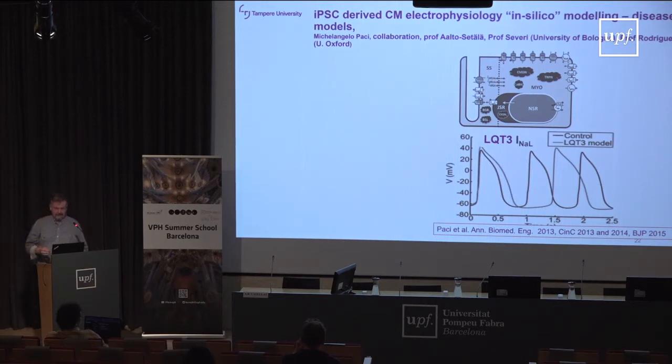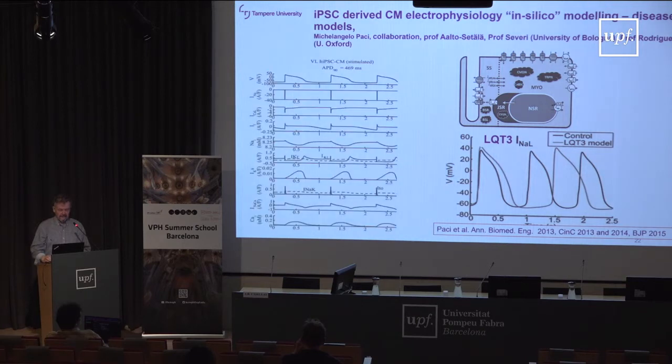With this data, of course, we can have really all ion channels, all ion currents, and individually look how they are in these iPS cells in silico. And this is just an example that we could have like a long QT syndrome. That was the first one we analyzed.